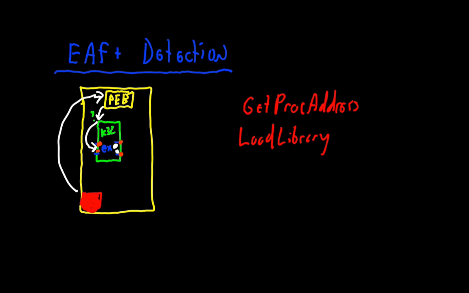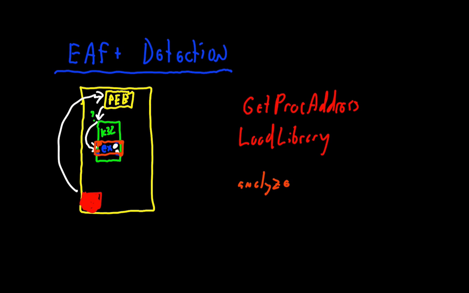And when we read any of this memory, an interrupt gets fired. And that passes control to the security product that set the hardware breakpoint.